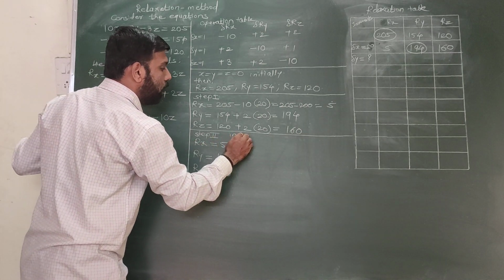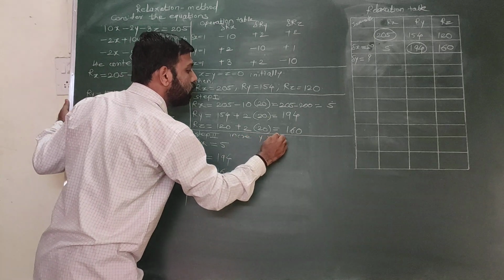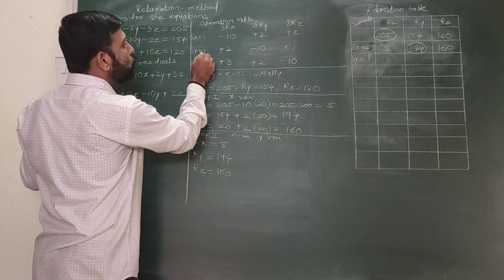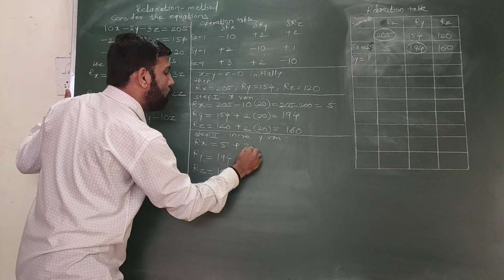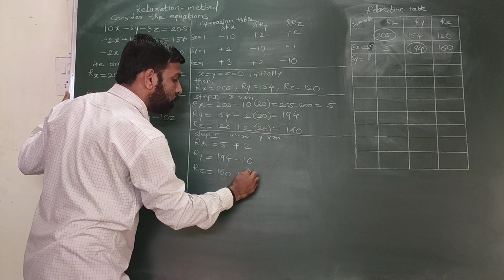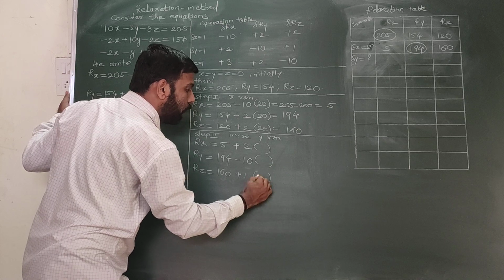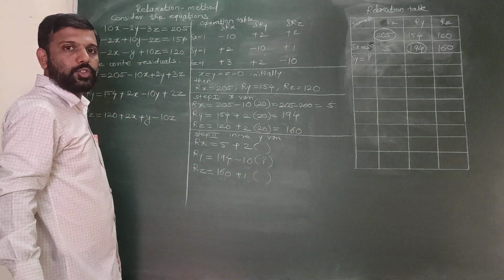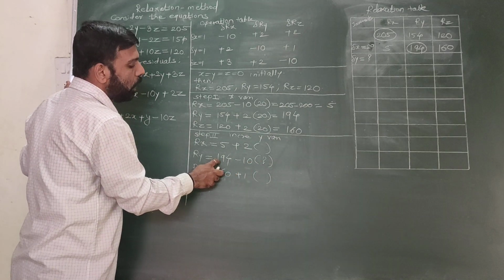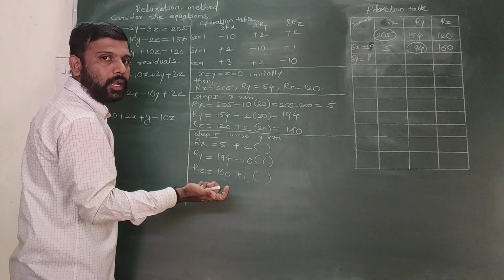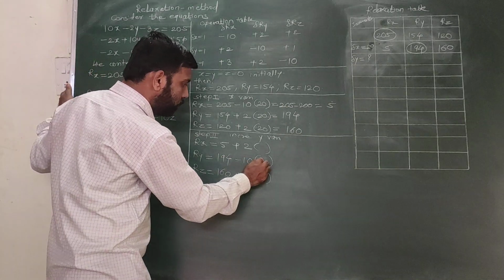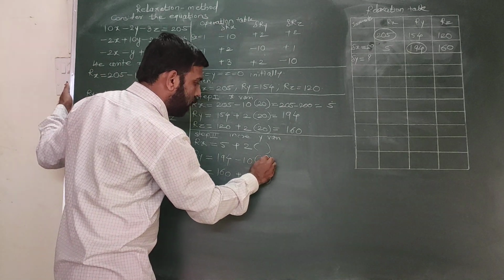As the increment is in the y variable, choose the row of y: plus 2, minus 10, plus 1, and in the bracket choose the increment for the y variable. Choose an increment such that this 194 becomes nearer to 0 or exactly 0. So suppose we choose here an increment for y of 19.